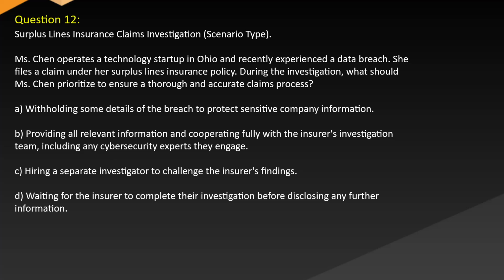A. Withholding some details of the breach to protect sensitive company information. B. Providing all relevant information and cooperating fully with the insurer's investigation team, including any cybersecurity experts they engage. C. Hiring a separate investigator to challenge the insurer's findings. D. Waiting for the insurer to complete their investigation before disclosing any further information.